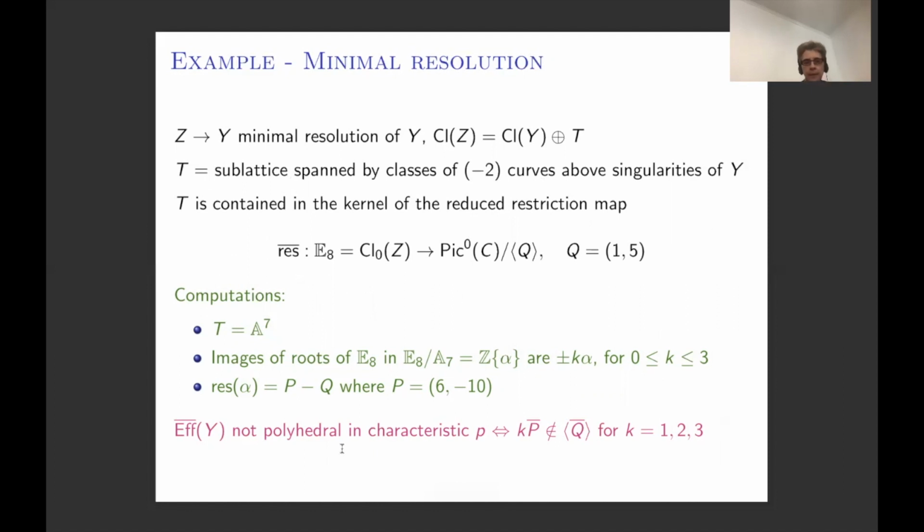So in the end, what it comes down to, for the effective cone of Y to be not polyhedral in characteristic P, is that for our two generators P and Q of the Mordell-Weil group of our elliptic curve, when we take their reductions modulo p, then these multiples of the reduction of P do not belong to the subgroup generated by the reduction of the point Q.